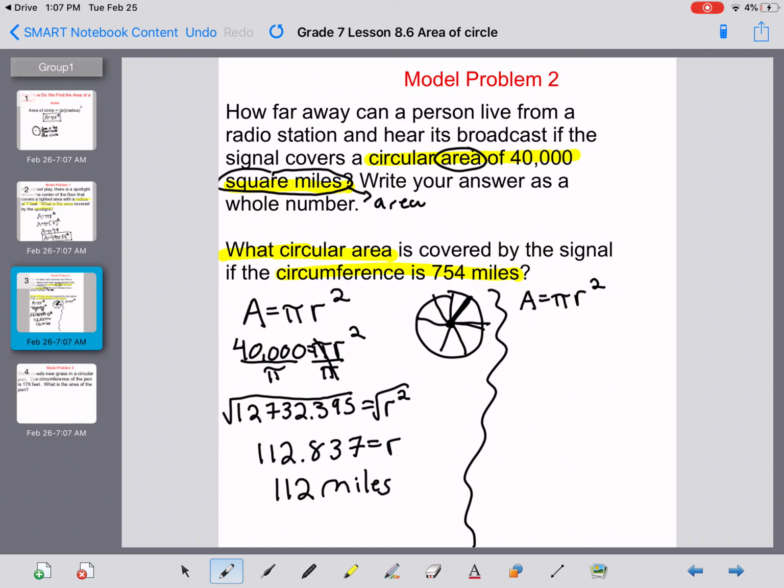To find the area, I need the radius. I don't have that, but I know what my circumference is. So let me see if I can write my circumference formula, circumference equals pi d, and find the radius from that. So my circumference is 754 equals pi times d.